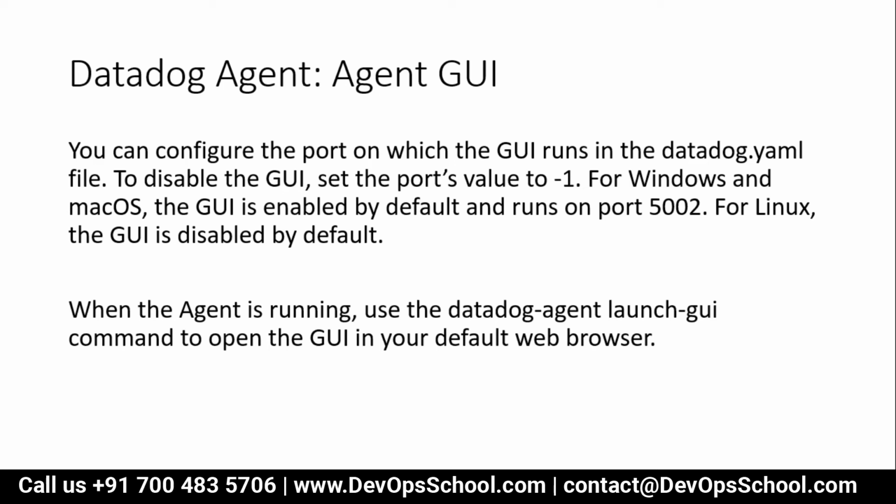Most of the time you disable it only in production, but in pre-production, for learning purposes or sometimes troubleshooting purposes, you can enable it. For Windows and Mac, the GUI is enabled by default, by the way, and runs on port 5002. But for Linux, you have to enable it. It is disabled by default. So you have to understand that. Remember the port number is 5002.